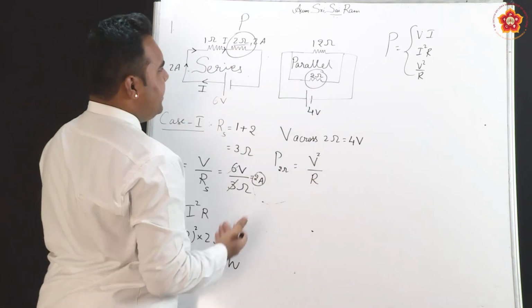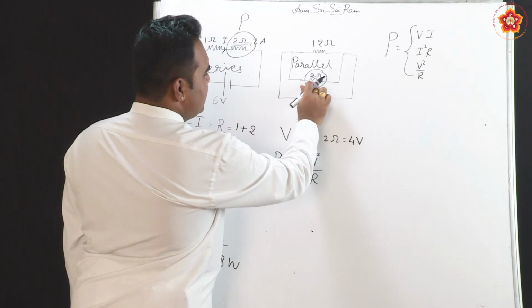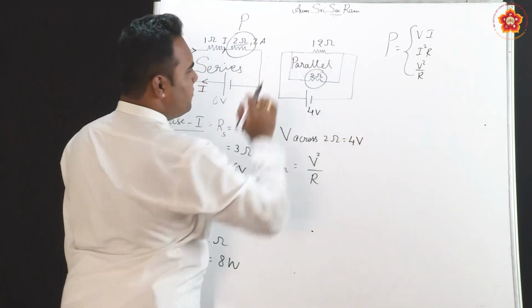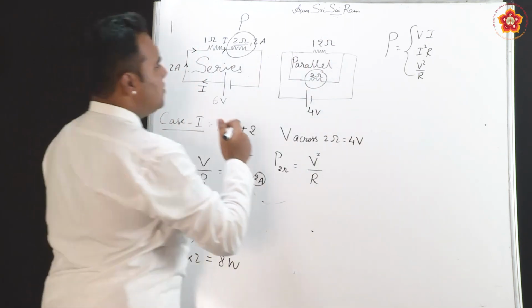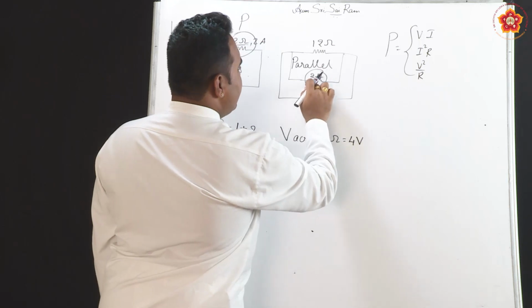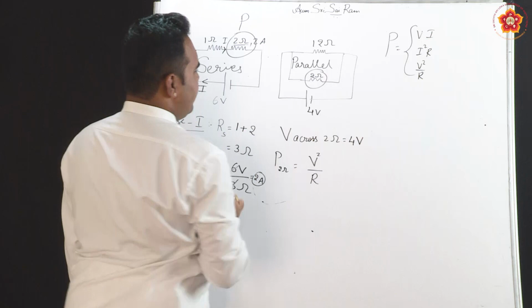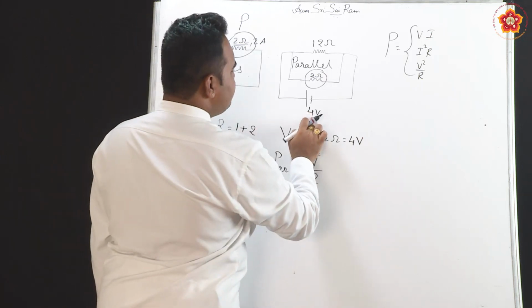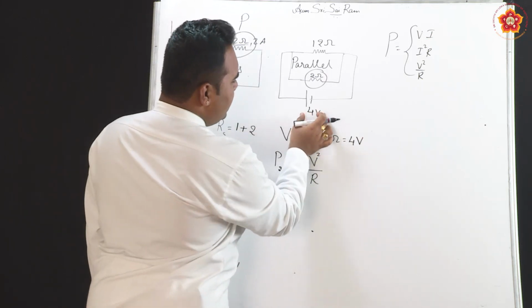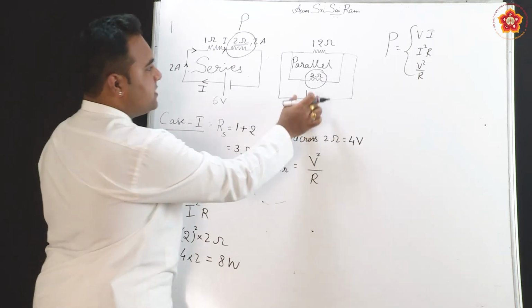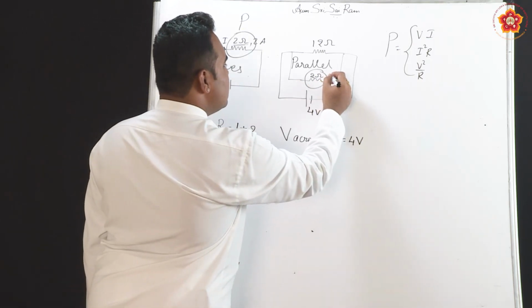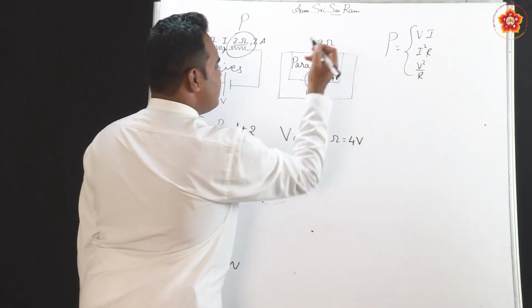Now, let us go to case 2. Again, there is a 2 ohm resistor which is connected in parallel with 12 ohms. They are asking what power is consumed in this 2 ohm resistor. Since this is a parallel circuit, the supply voltage is the same across each resistance.